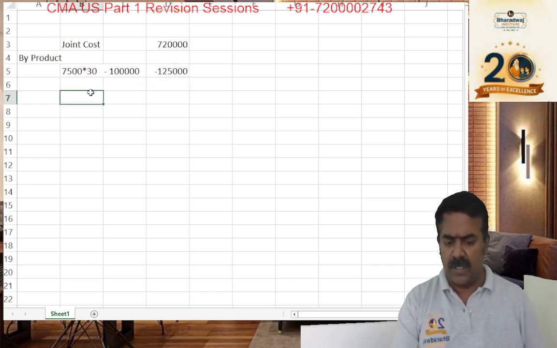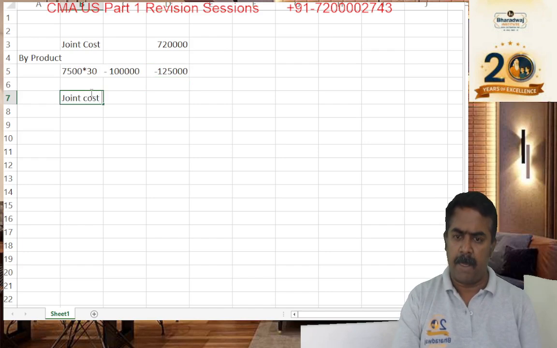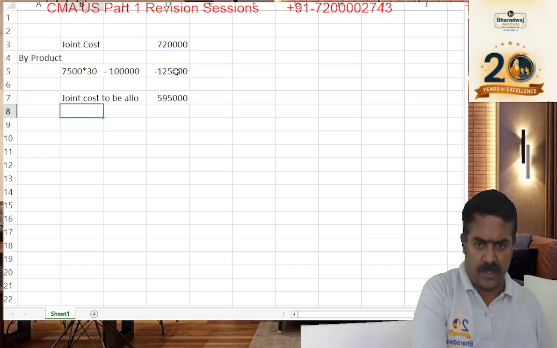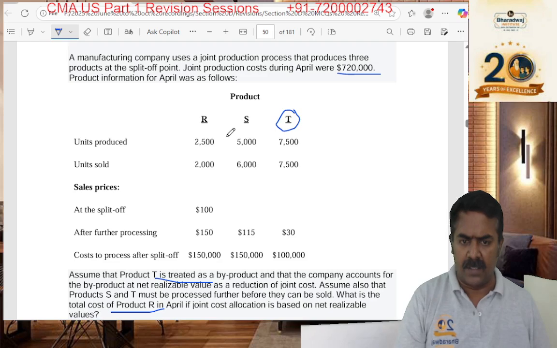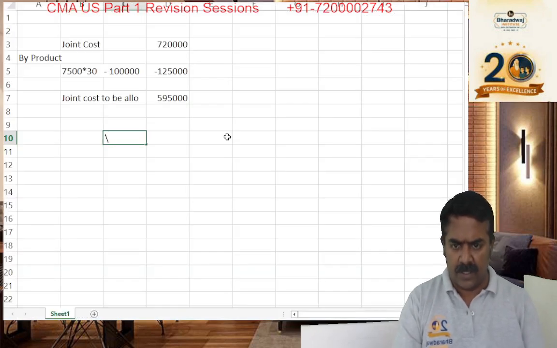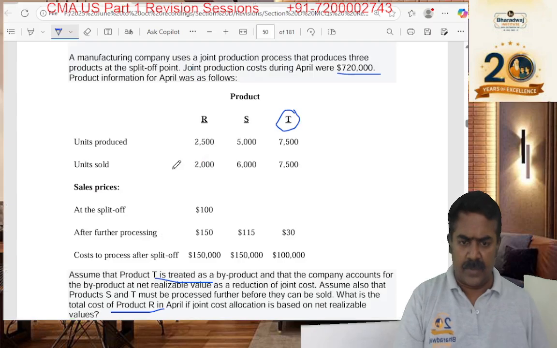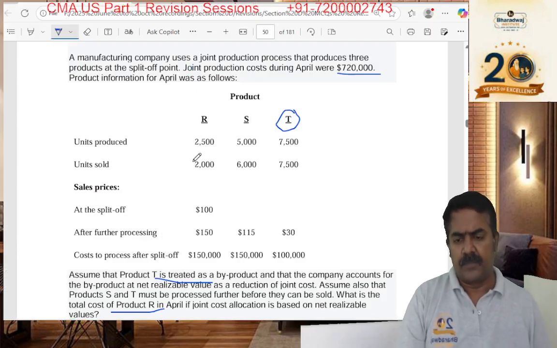This gives us the joint cost to be allocated based on NRV. Based on NRV, there are two products, R and S. What is the final sale value of R and S?